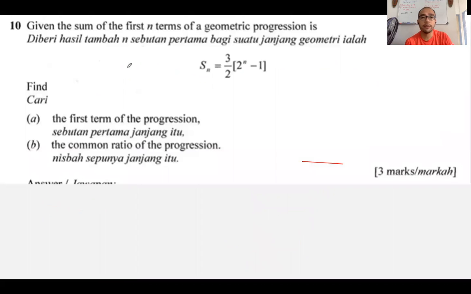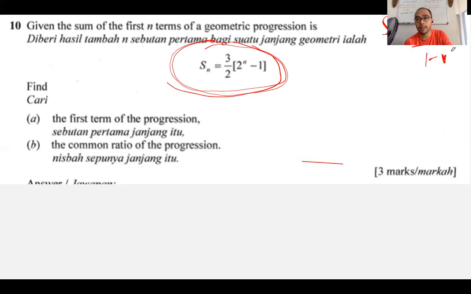Okay, given the sum of the first n terms is begini. Now if you are given the formula for Sn and dia bagi dalam bentuk lain daripada yang kamu kenal. Now I know Sn dalam geometric progression is A(1 minus R to the power n) over 1 minus R. If they have already given you this, ini abaikan.